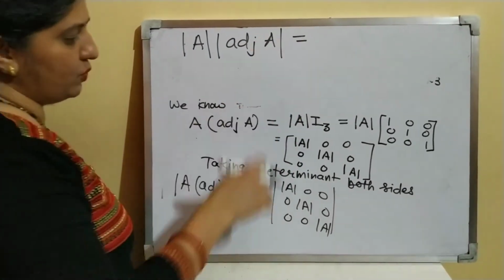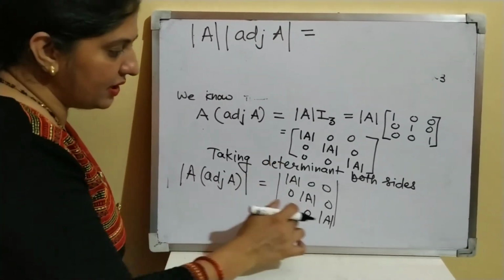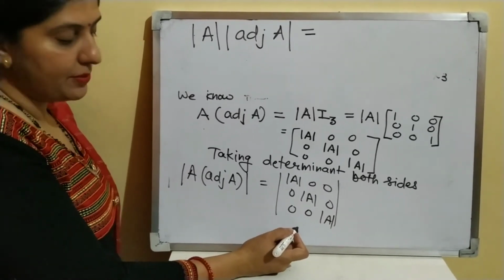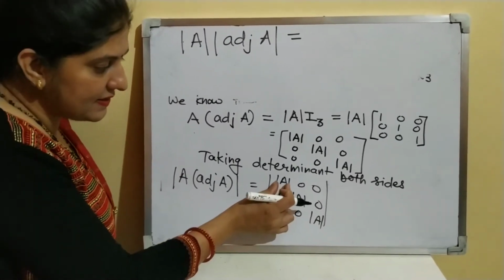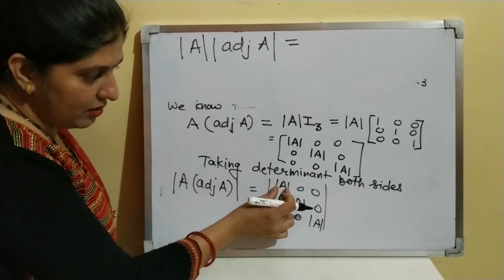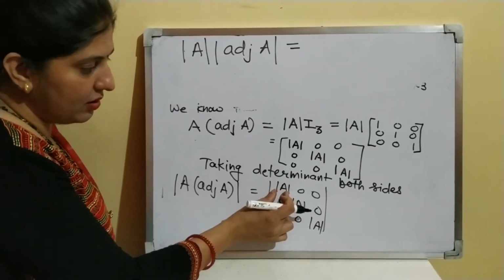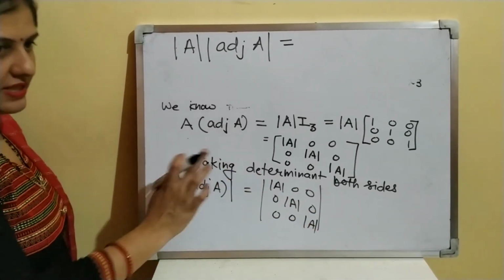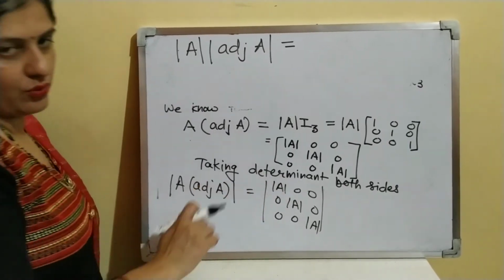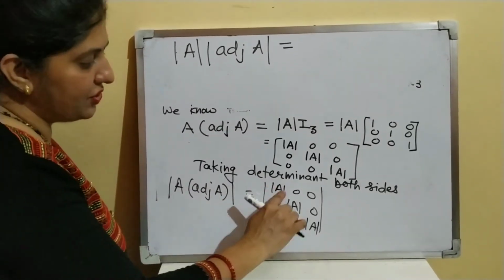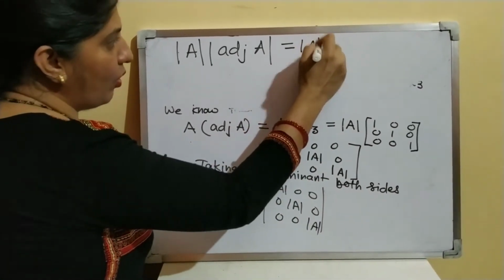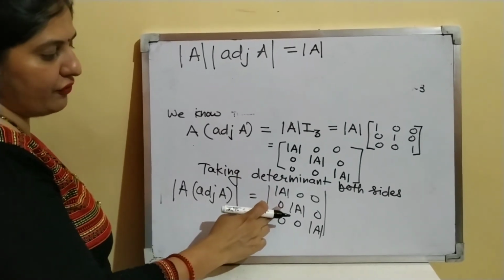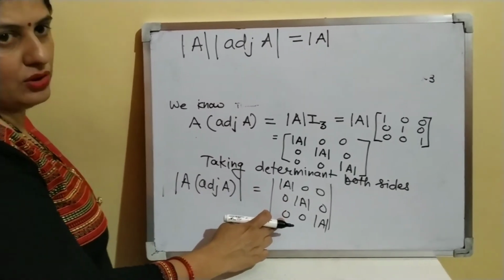which is equal to, now see here, the right hand side is a determinant and this is a number. We can take a common factor outside from each row. So take determinant of A common from row 1, from row 2 and from row 3.